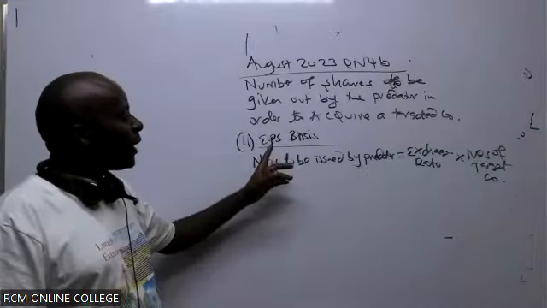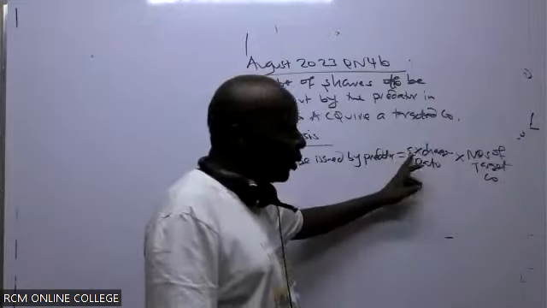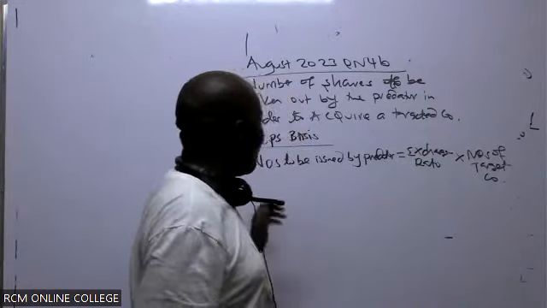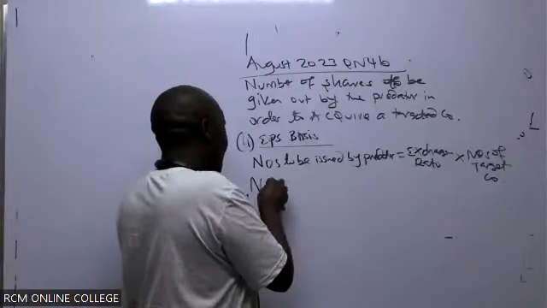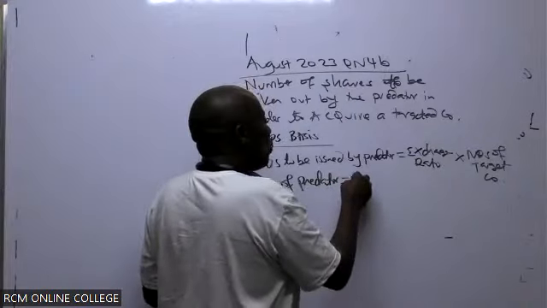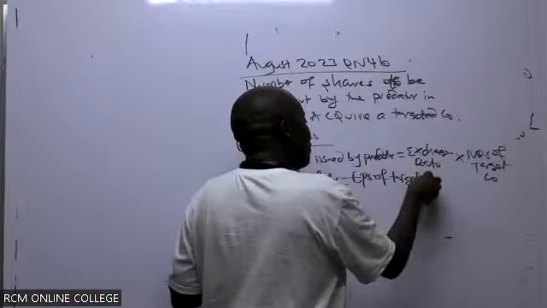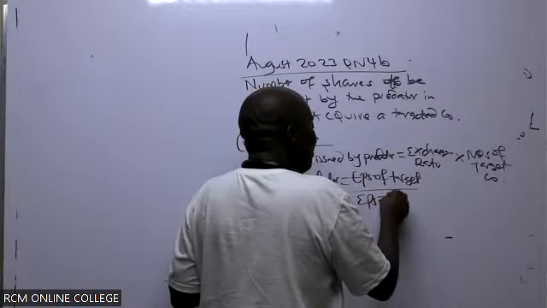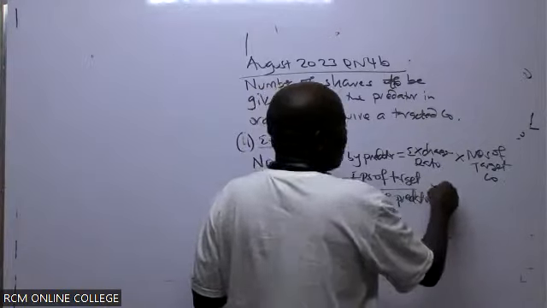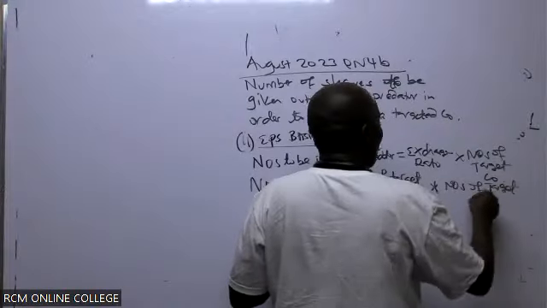And in Roman 2, they want us to use EPS to calculate our exchange ratio. EPS, very easy. So in short, the NOS of the predator will be equal to the EPS of the target over the EPS of the predator, times NOS of the targeted company.